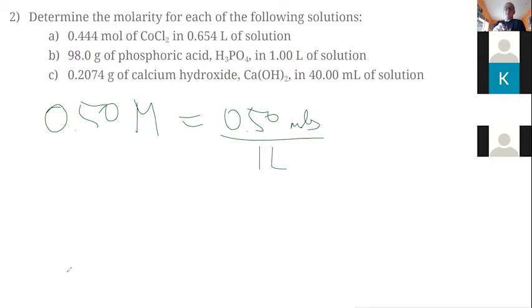Now, it's important to remember, this doesn't mean 1 liter of solvent. So if you wanted to make a 0.50 molar solution of sodium chloride, for instance, you could not take a liter of water and add half a mole of sodium chloride to it. Why not? Why would that be the wrong way to do it?